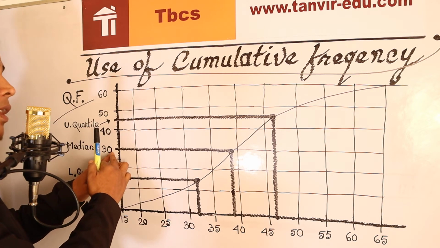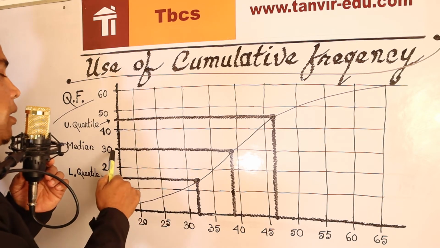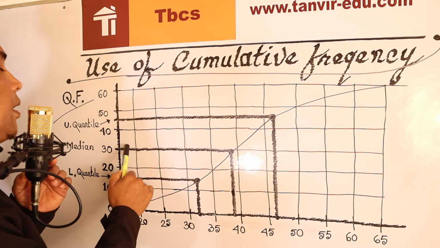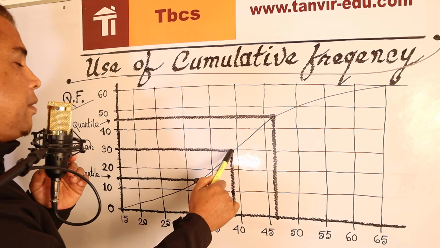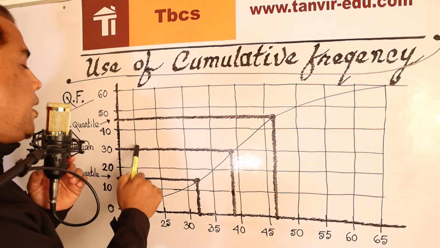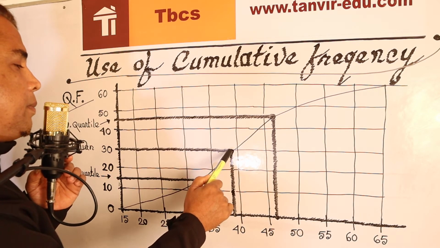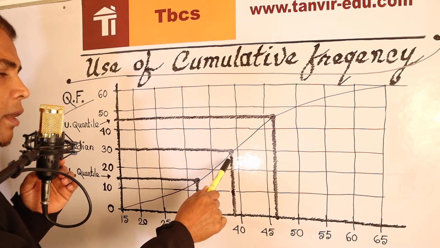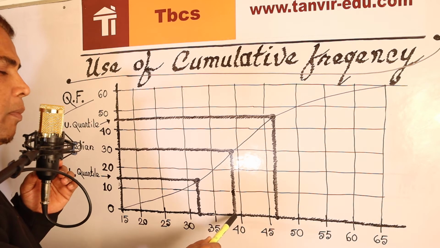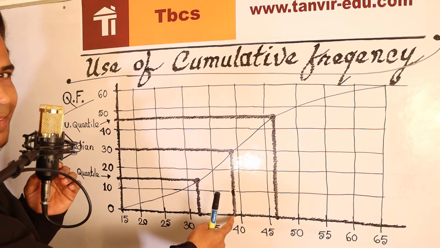As the middle is 30, my question is, using the 30, which point? You see this point: straight from the 30, this point has been found, and from this point over the data, you are watching that it is 39.